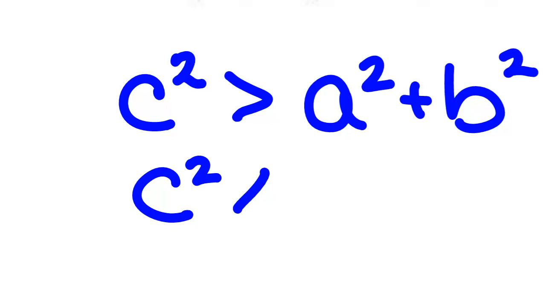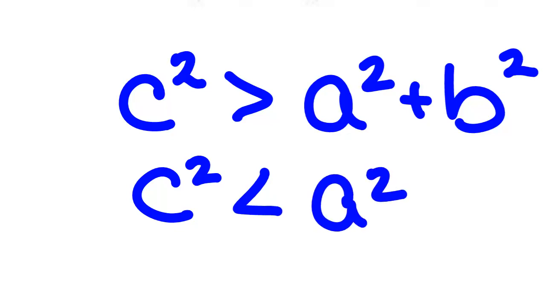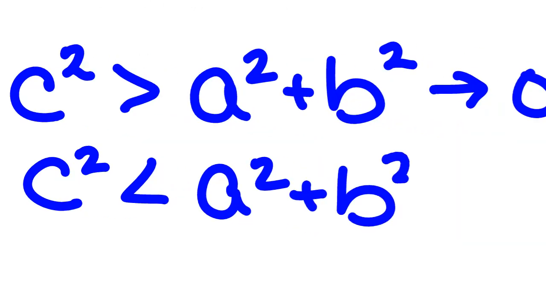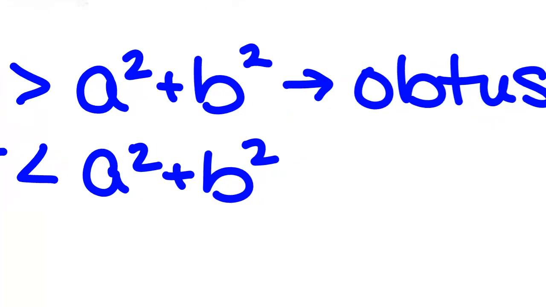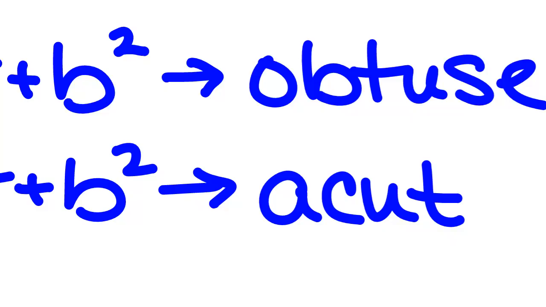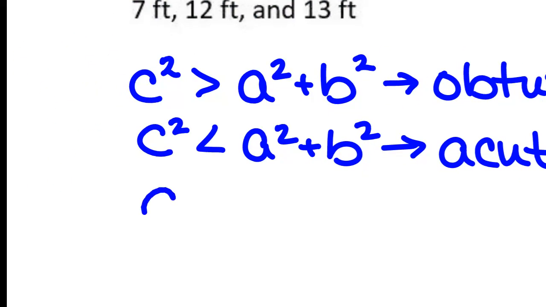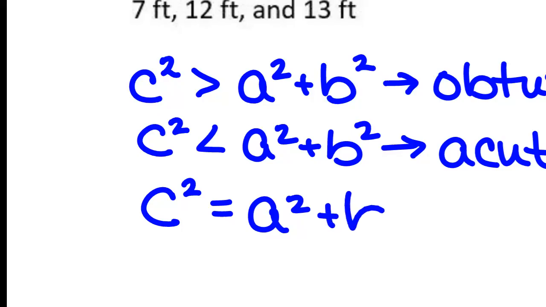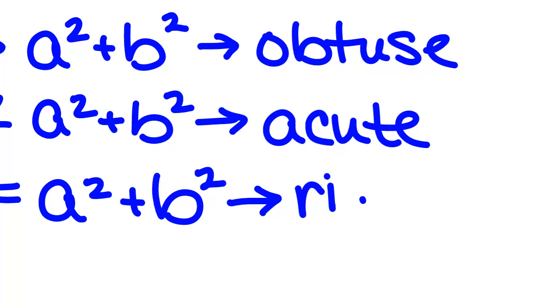If c squared is less than a squared plus b squared, then it is an acute triangle. And if c squared is equal to a squared plus b squared, then it is a right triangle.